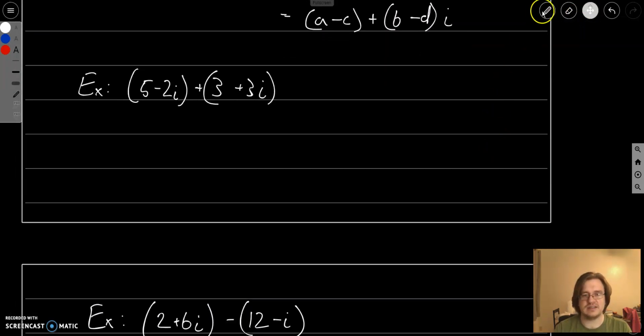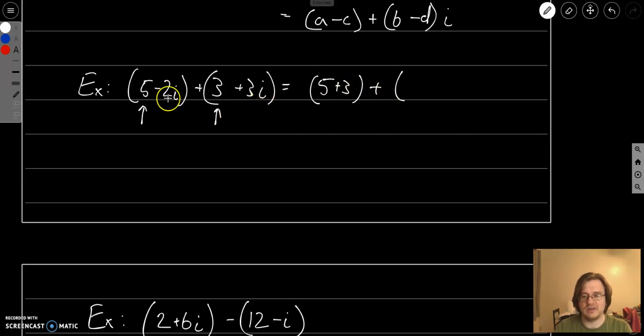We have this formula, but everything is essentially exactly what you would expect. So let's do some examples with real numbers, and I'll do this in a way that will make it a bit quicker. We have 5 minus 2i plus 3 plus 3i. What we'll do is take the real parts and add them together, and then take the imaginary parts and add them together.